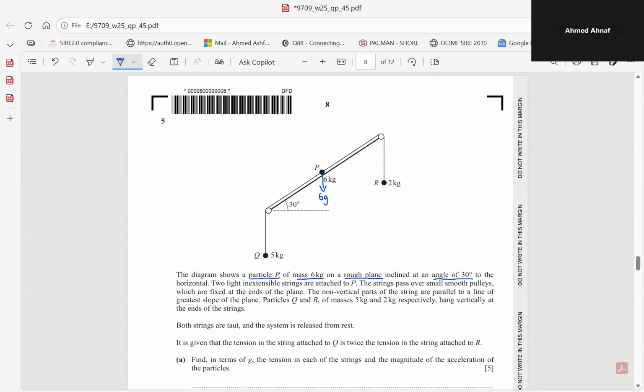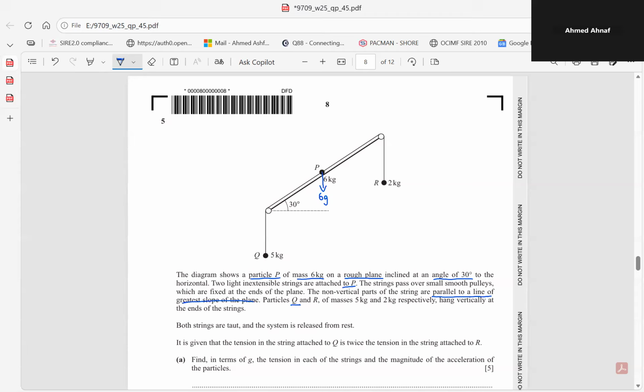Two light inextensible strings are attached to P. The strings pass over small smooth pulleys which are fixed at the ends of the planes. The non-vertical parts of the string are parallel to a line of greatest slope of the plane.